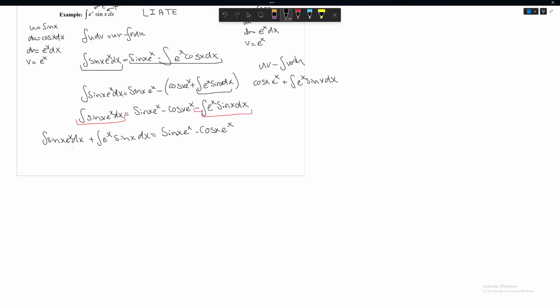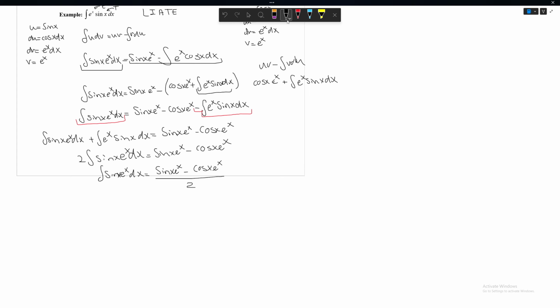Now if I add these, this is the same as saying two integrals of sine x e to the x dx equals sine x e to the x minus cos x e to the x. And now I can just divide by 2. So the integral of sine x e to the x dx equals sine x e to the x minus cos x e to the x, all over 2.